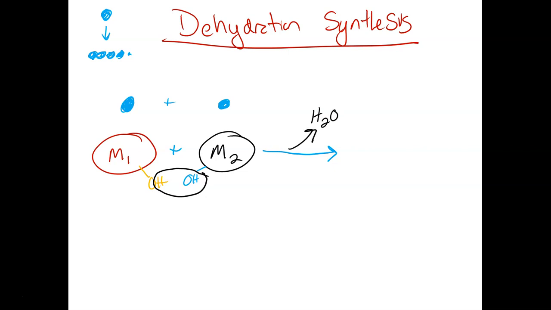When it's left, all we have is this remaining O. So what's next? We still have M1, we have M2, and now we have this little O that we can use to connect the two of them together. Let me redraw the O in a darker color.